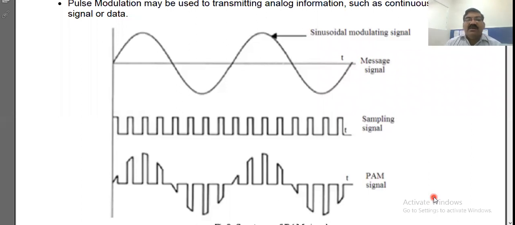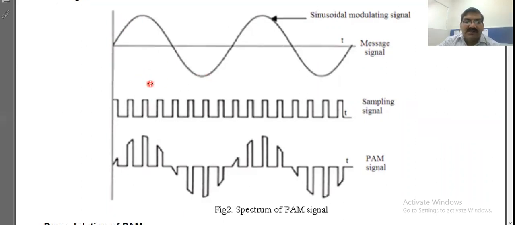You have been doing natural sampling, and if you use it for a modulation process, then it is pulse amplitude modulation. You are varying the amplitude of this pulse according to the amplitude of this modulating signal. So this is pulse amplitude modulation.